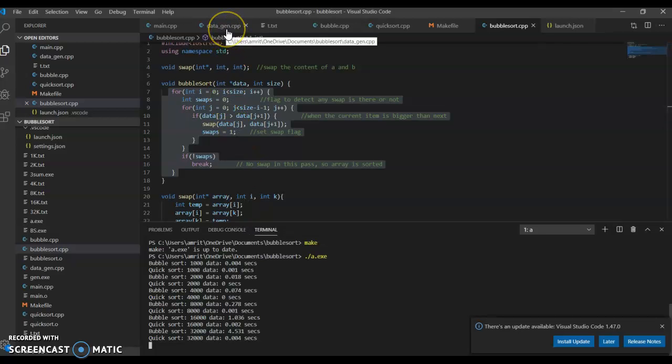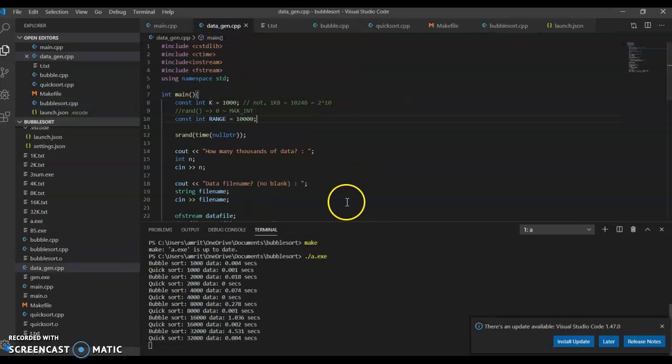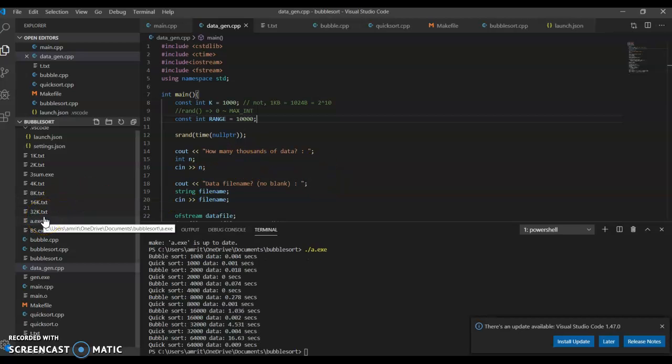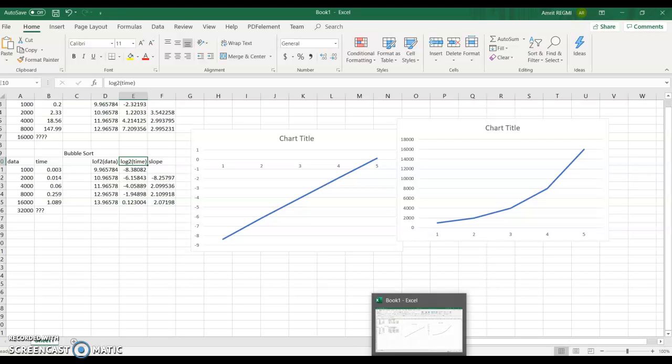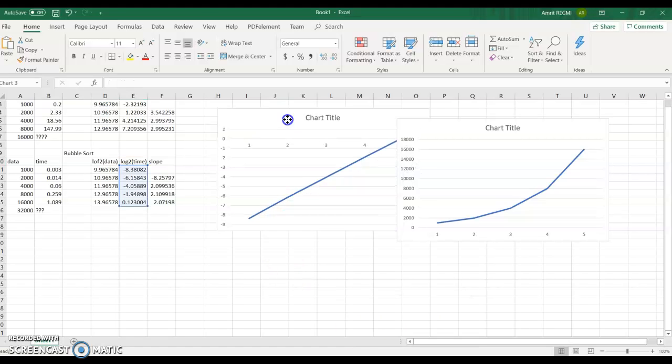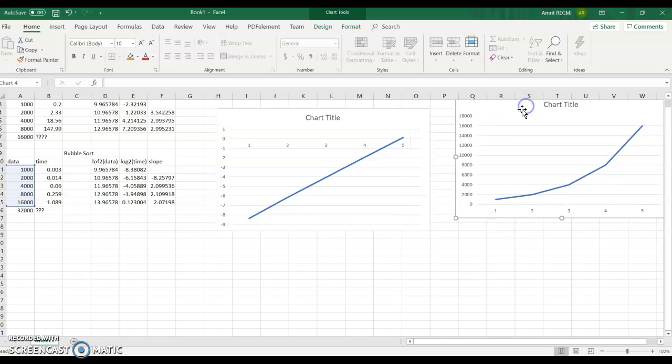Also, like in lecture 20, I have generated the data up to 32k and I have created the Excel. This one has the log of the data and the log of the time, and here is the chart for the bubble sort.